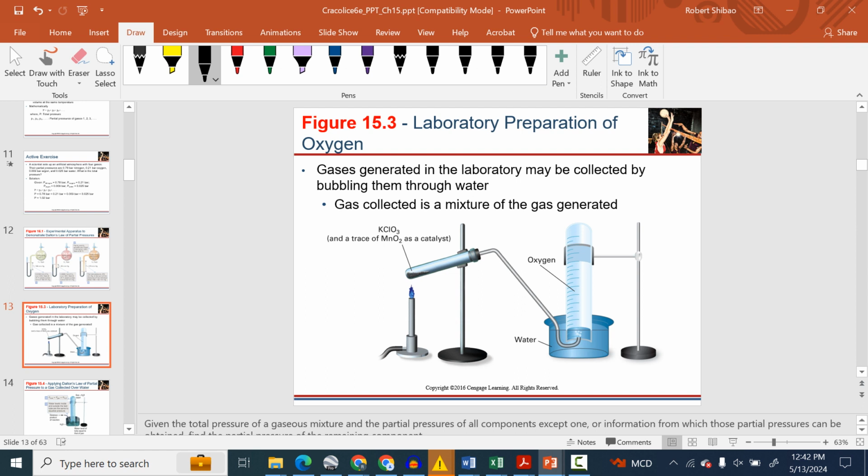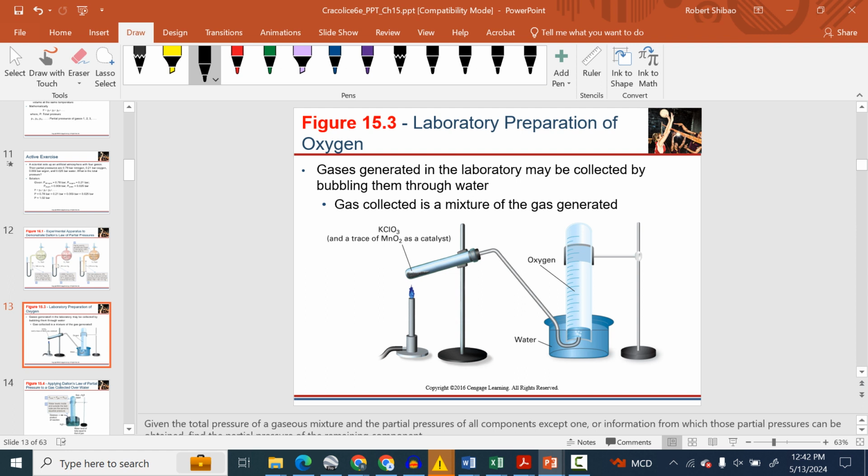One of the most common applications of Dalton's law is collecting gases over water. When you collect gas over water like that, you saturate the gas with humidity. And so this oxygen here is at 100% relative humidity.